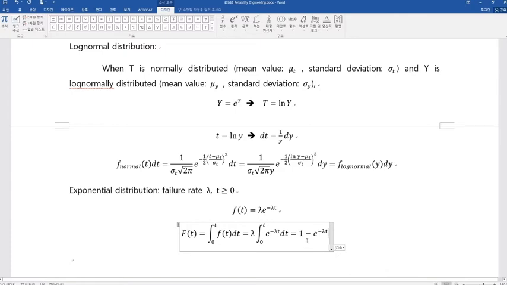So when t equals 0, the result will be 0.